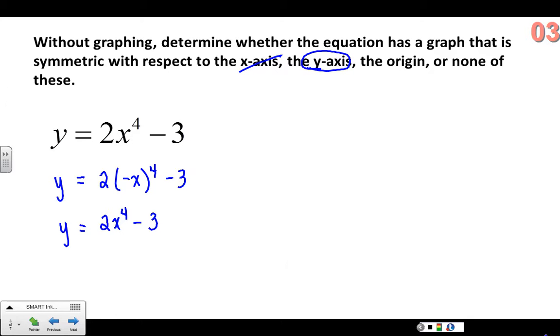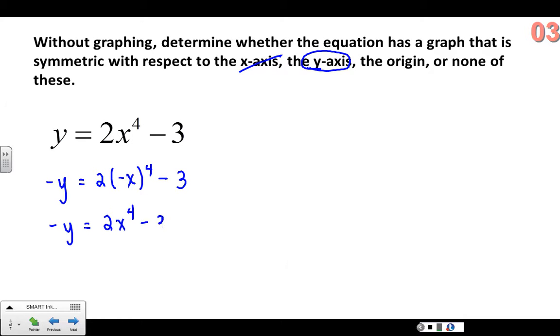Now if I try to do it with both changes, let's see what happens if we try to change both variables. Negative y. Notice that my equation is going to be changed. We're back to the same place we were earlier, where it didn't work.